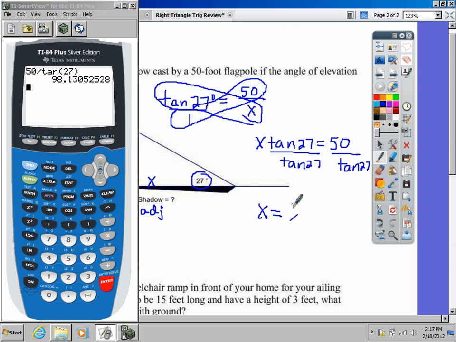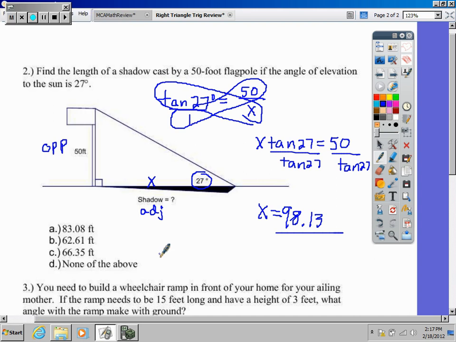So when I type this into my calculator, I'm going to basically just type in 50 divided by the tangent of 27 degrees. And I hit enter. So my answer that I end up with here is 98.13, and that's going to be in feet. So I look at the answers that are listed.